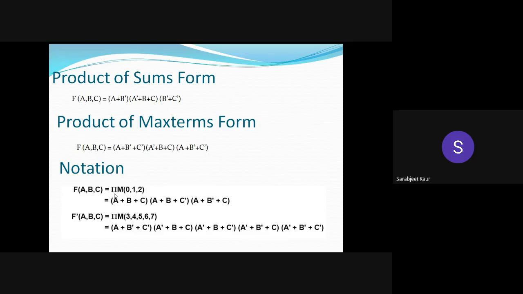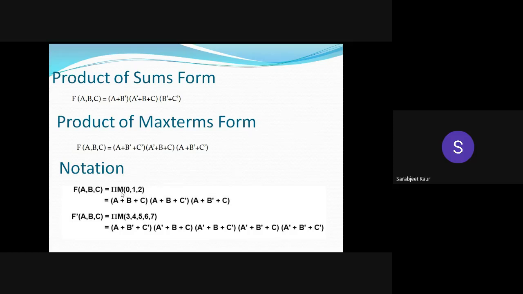If I have an expression such as this, how will it be represented? It will be represented as product of, now this term sometimes is represented as a capital M, somewhere as a small m.